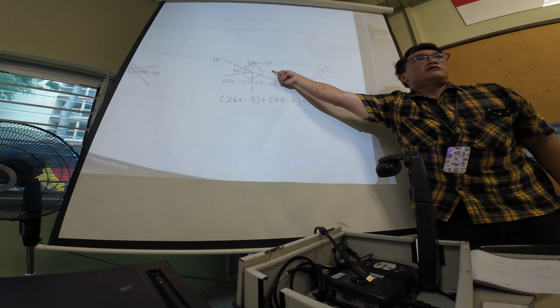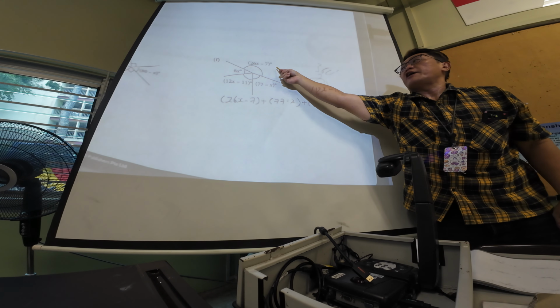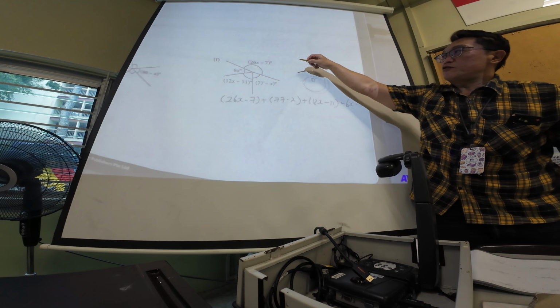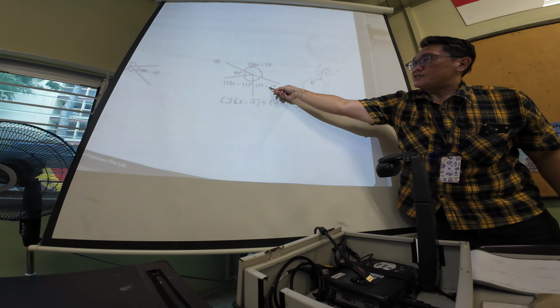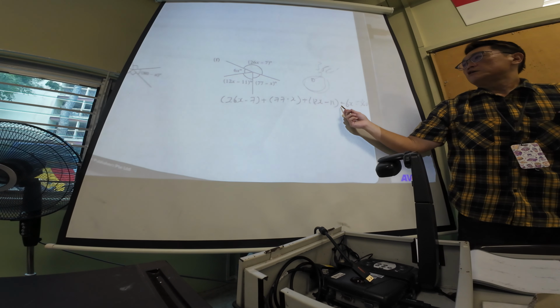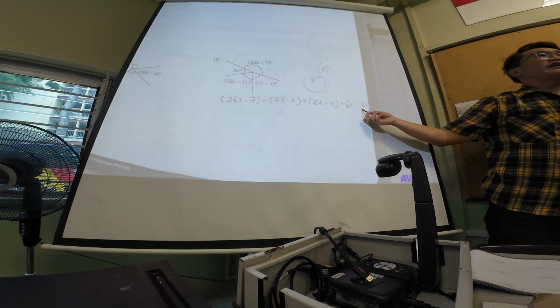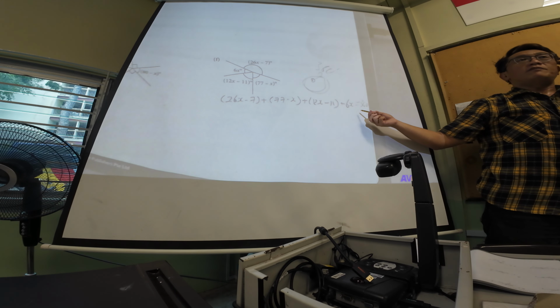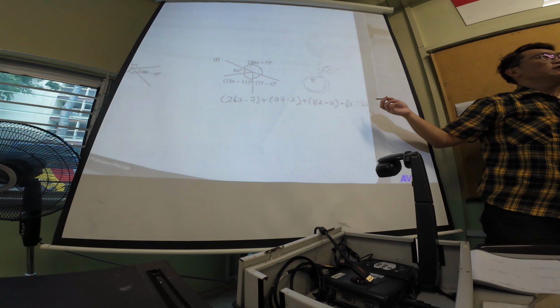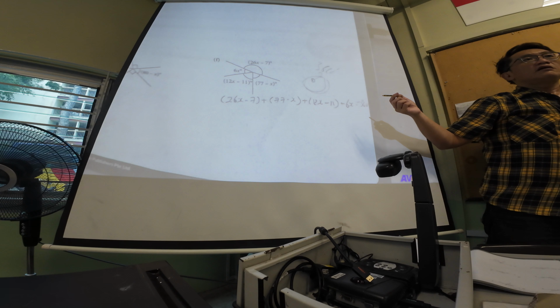I started here. It is easier if I go by one direction, clockwise. So this one I go clockwise, I take this one, I plus this one, I plus this one, I plus the last one. So these 4 angles adds up to 360. Then I would have formed my equation. Then after that, solve your equation. Okay? Can?